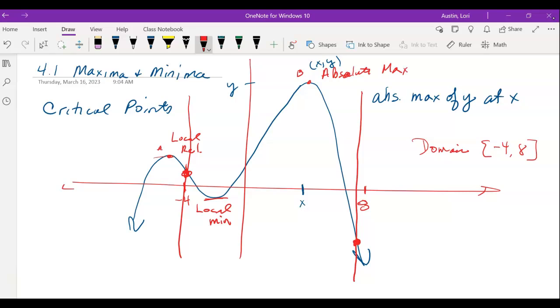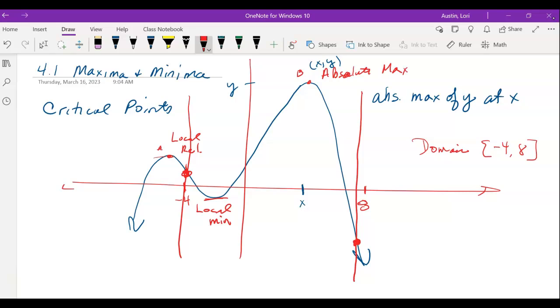All right, so let's talk about the maxes first. Well, we still have an absolute max, right? At x, I can see it there. That's still an absolute max. Do we have any other local max if I restrict that domain? No, because the other one's outside. Because I'm only going to look now between -4 and 8. So restricting it from -4 to 8, we still have our same absolute max, right?